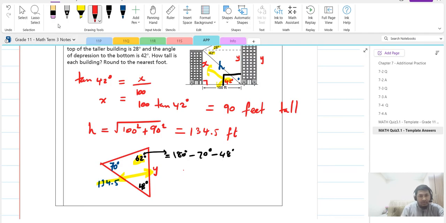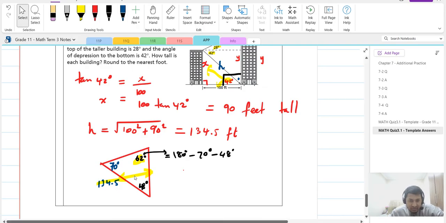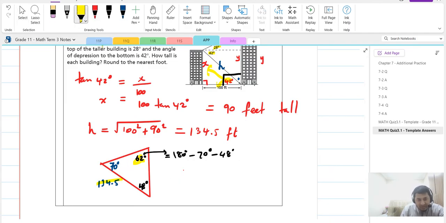Sorry, y is the height. You can't say that. This arrow is incorrect. Those are two sides. You have to say sine of the angle over this side. So sine 62 over the side, and this is y, sine 70 over y, and then problem solved.